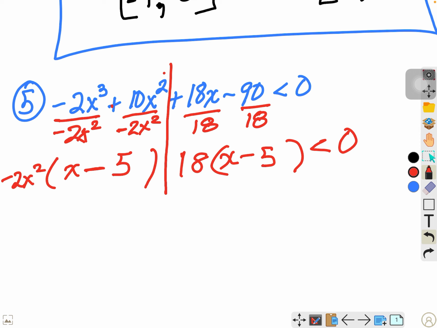And so I indeed have x minus 5 on both sides. So that means I'm going to factor out now x minus 5. So since we have that in common, I'm going to divide or factor that out. And that's going to leave me with two factors.